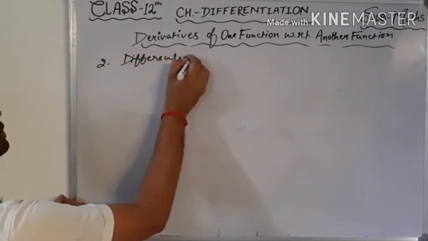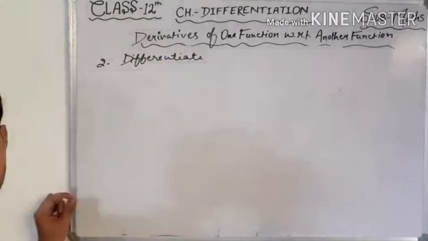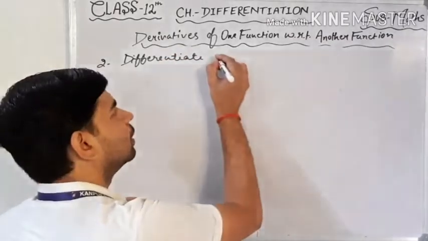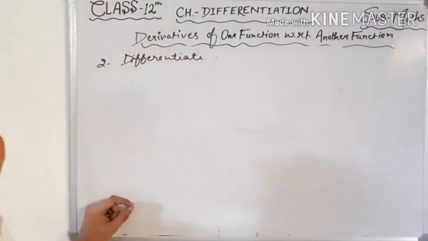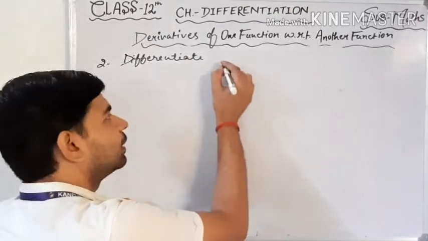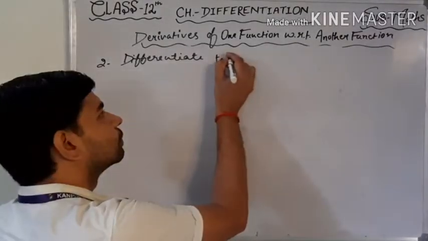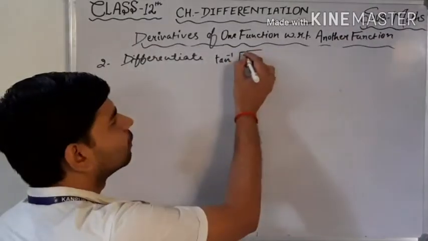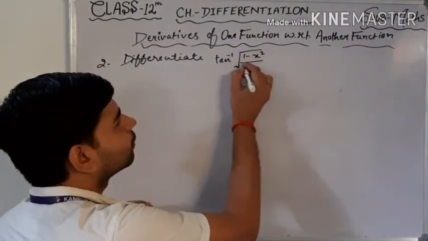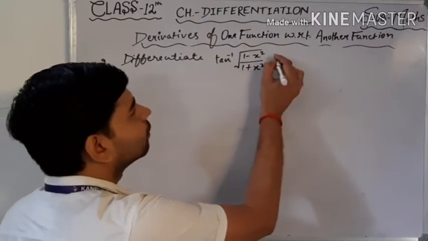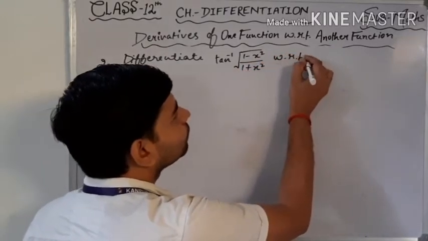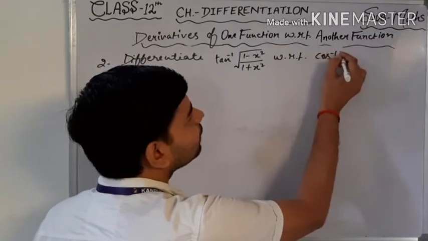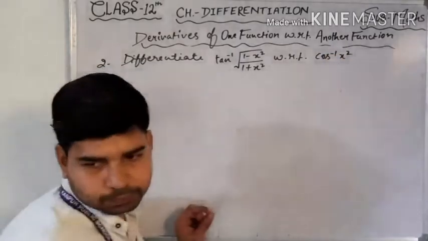Differentiate tan inverse under root 1 minus x square upon 1 plus x square with respect to cos inverse x square.